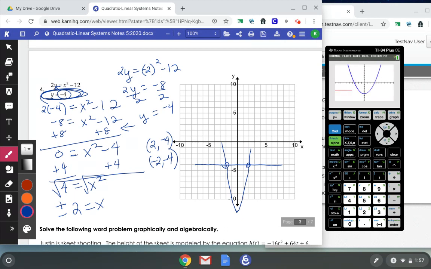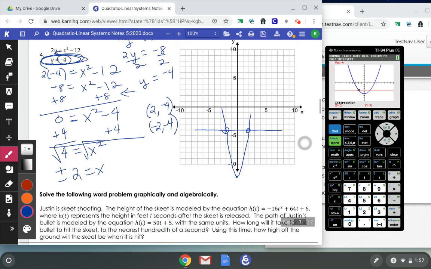Graph it, and then you can see where they intersect each other. -2, -4. And then we could do the same thing on the other side. Okay?